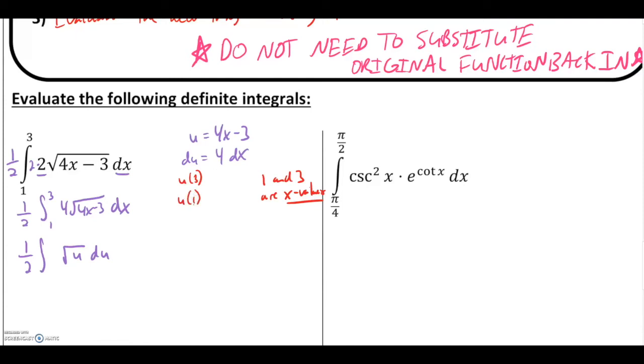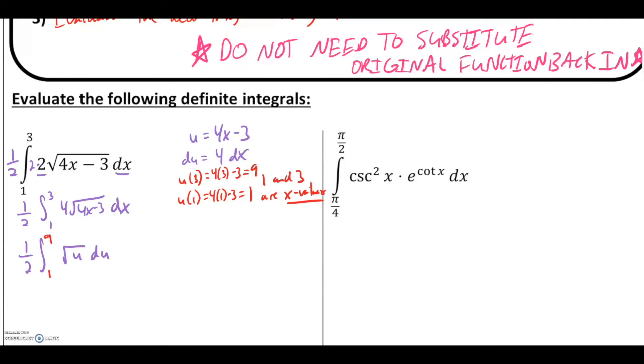For the bottom one, we want to know the value for u when x is 1. We have an expression that will give us u: if we know x, it was 4x minus 3. So the u value from using an x equal to 3 will be 9. The u value from using an x equal to 1 will be 1. And those will be the boundaries on this brand new integral.